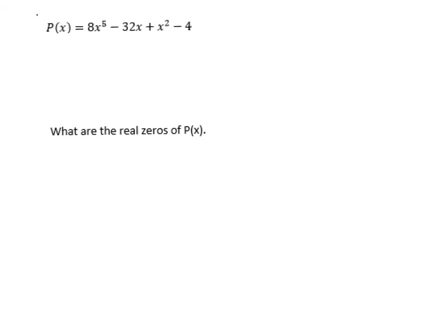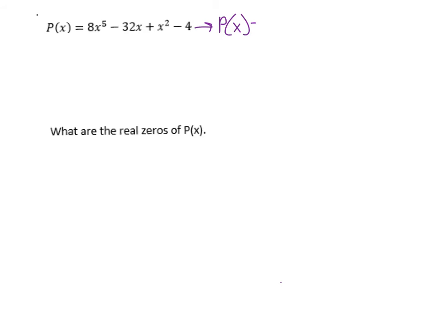Let's take a look at P of x on the right. How can you find all the possible zeros of the function? Well, in this case, I see some terms are missing and it's not written in the correct order. The first thing then that I'm going to do is make sure we have that. So I'm just going to rewrite this.